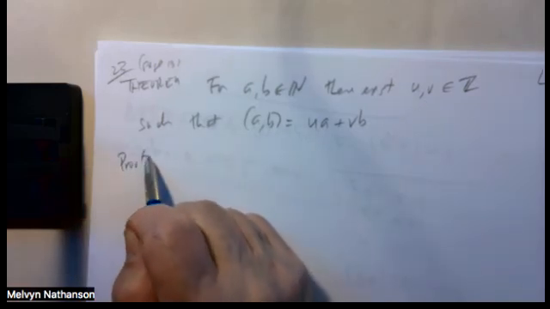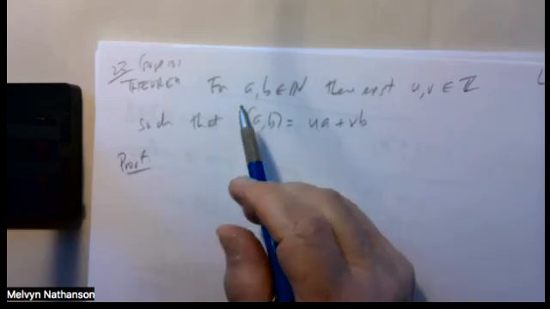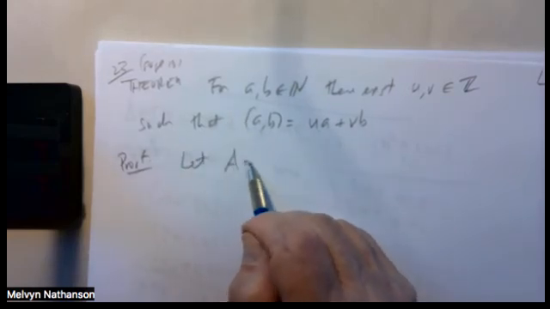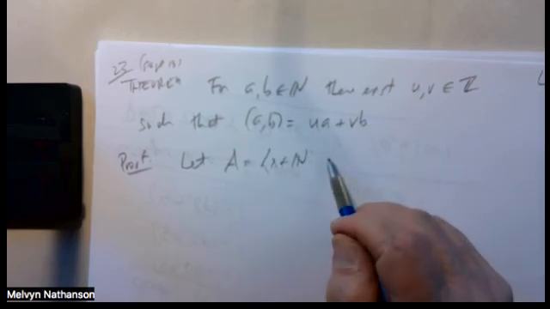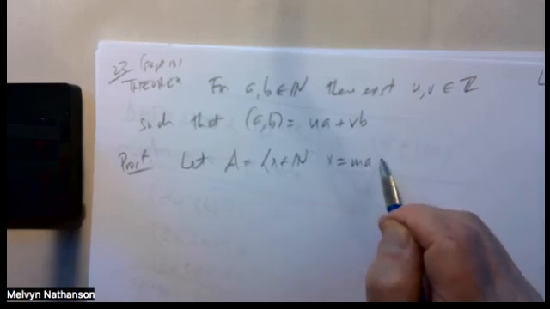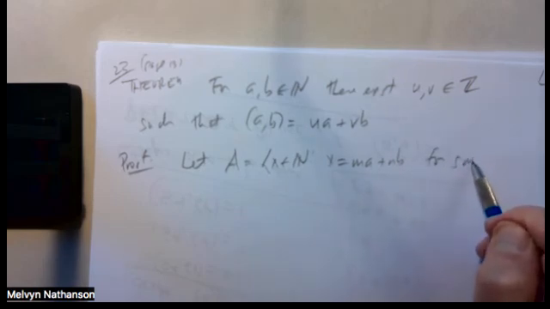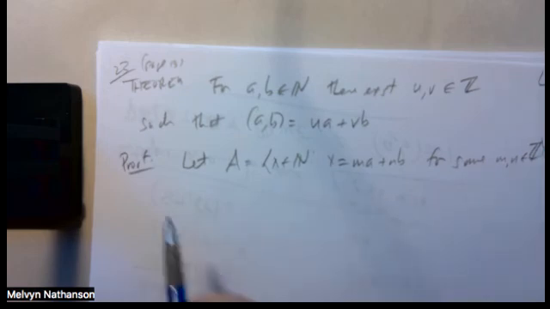And the proof, like almost everything that we're doing now, uses the minimum principle. Suppose we let A be the set of all positive integers x that you can write in the form ma plus nb, for some integers m and n.